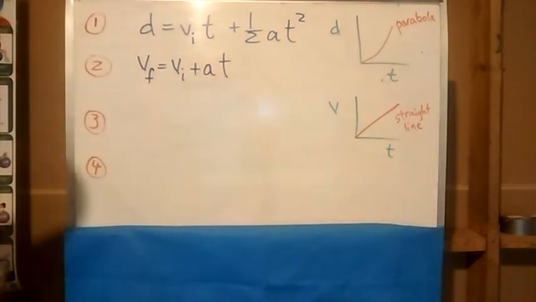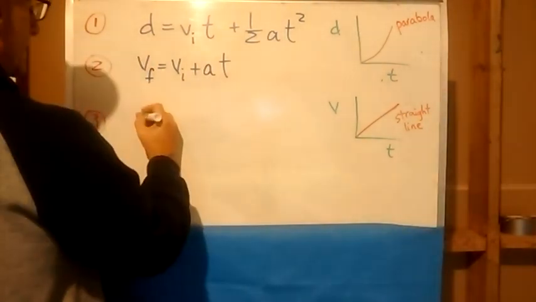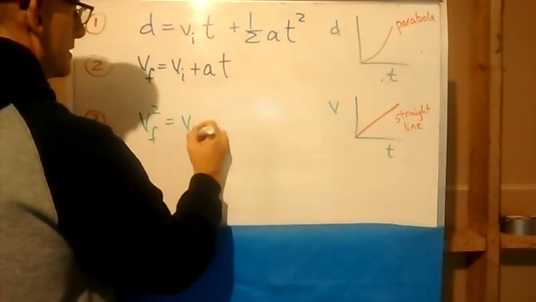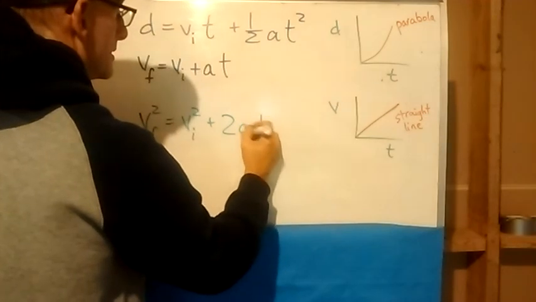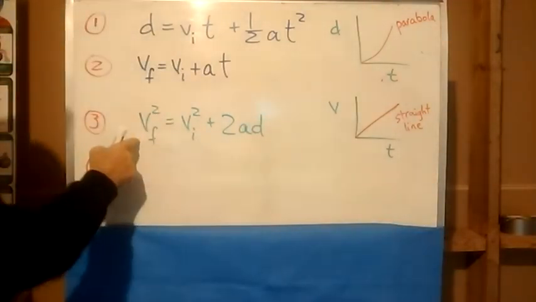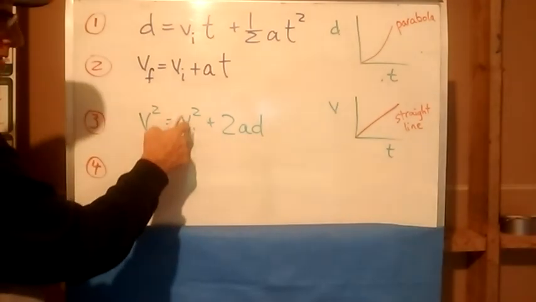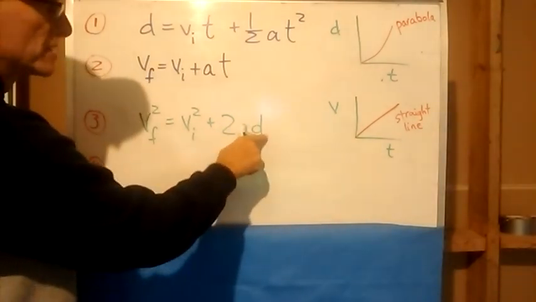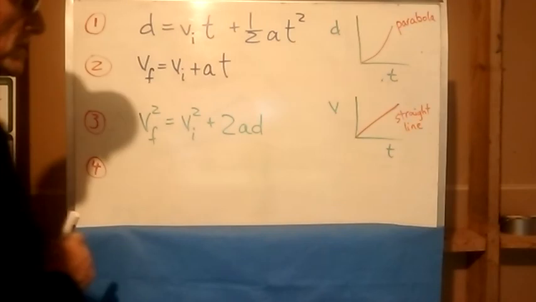If you combine equation number 1 and number 2, you end up getting an equation that looks like this. Vf squared, final velocity squared, equals the initial velocity squared plus 2 times acceleration times the displacement or distance, depending on sign.